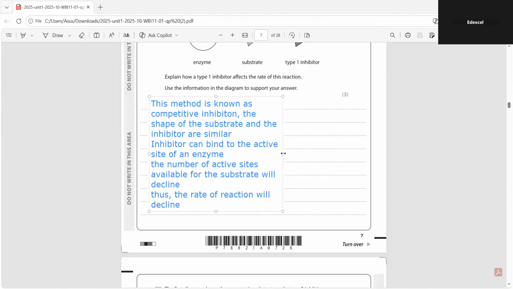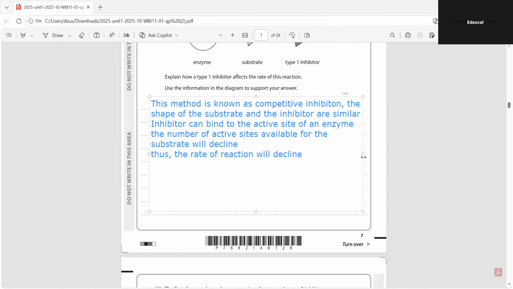Normally inhibitors will reduce the rate of reaction. And in that case, you have to explain how it is reducing. So this type of inhibitor is known as competitive because it competes for the substrate. The shape of the substrate is similar, that's why it can also bind and compete with it. So inhibitor can bind to the active site of an enzyme. Don't mention just the enzyme; it's the active site of an enzyme.